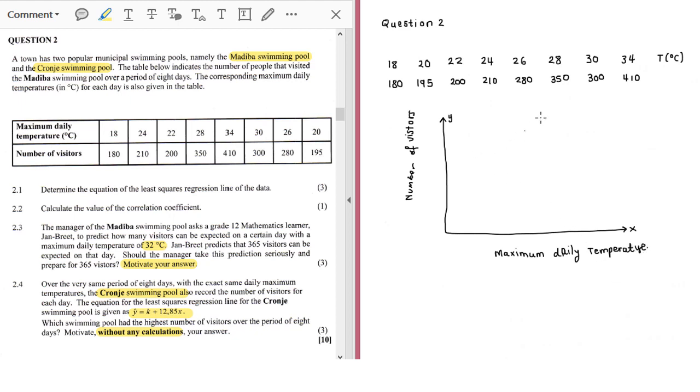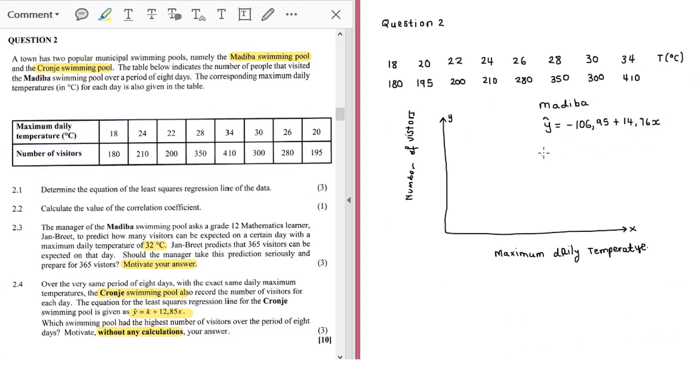So what we have is that for the one swimming pool, the Madiba swimming pool, we calculated that our y bar was equals to minus 106.95 plus 14.76x.